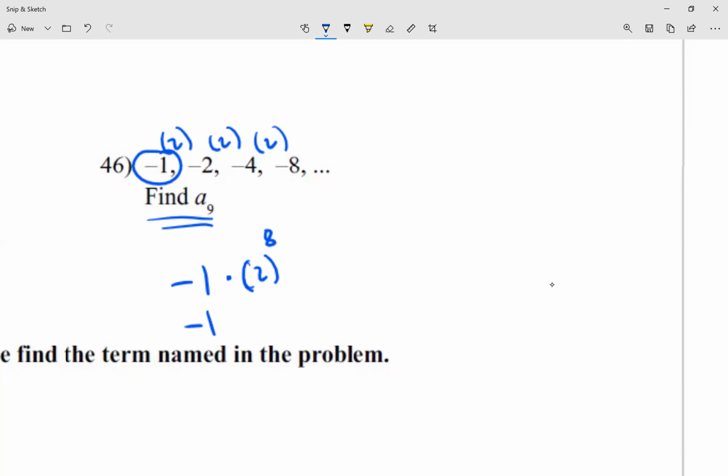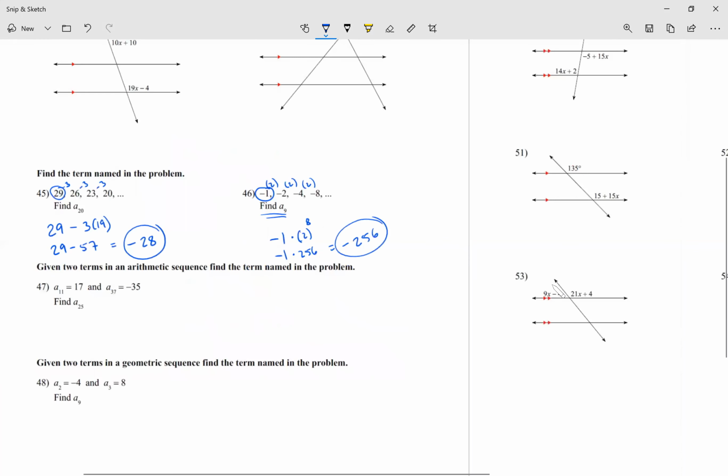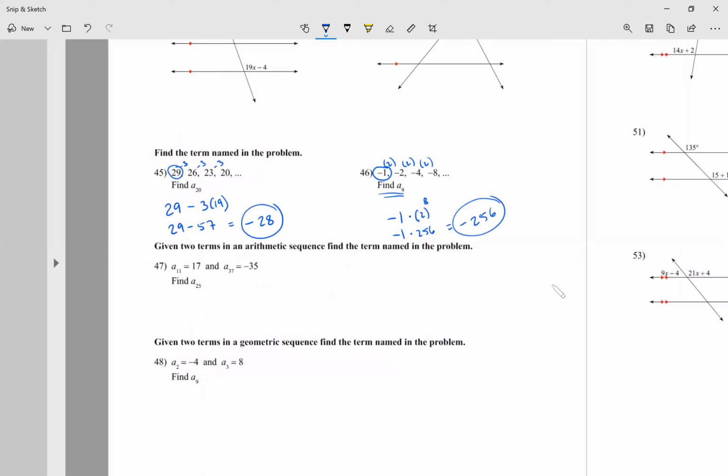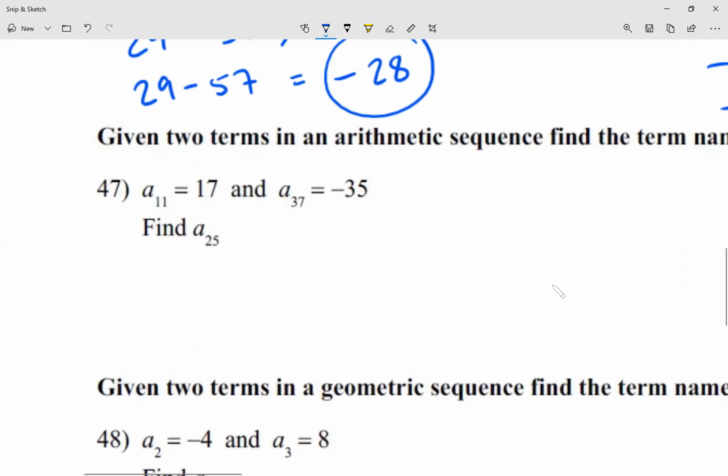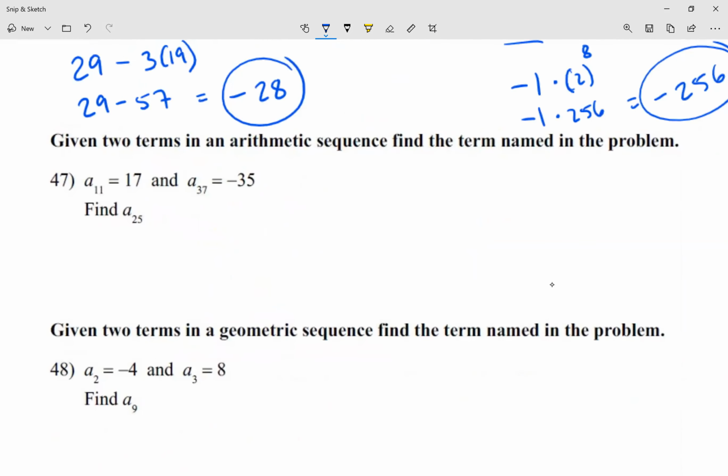So I have negative 1 times 256. My answer will be negative 256. Sometimes my pattern is adding or subtracting. Sometimes it's multiplying.